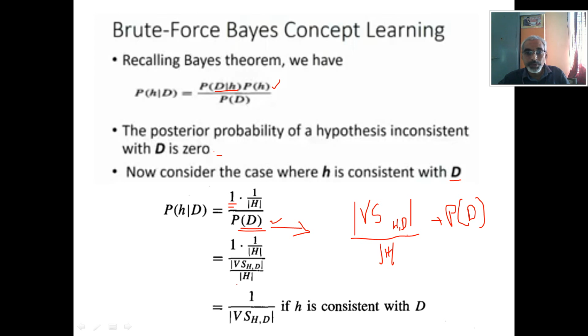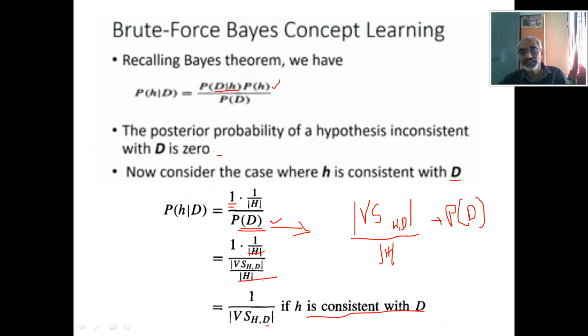So now we substitute this here. Now when you simplify, this and this can be cancelled and we are going to get 1 divided by the set of all consistent hypotheses in our version space with respect to the given data set, which is equal to 1 divided by the version space of H comma D, if H is consistent with D, right?